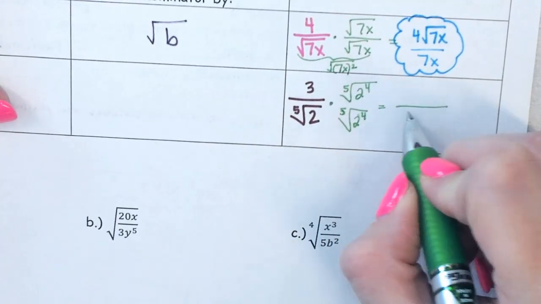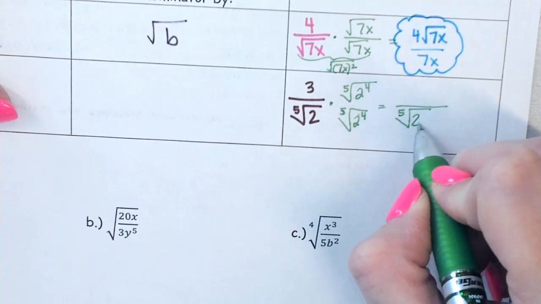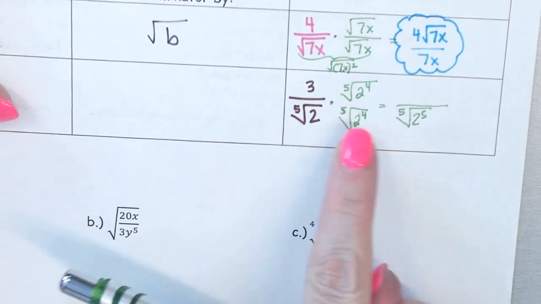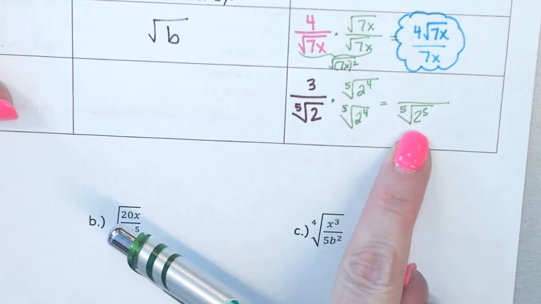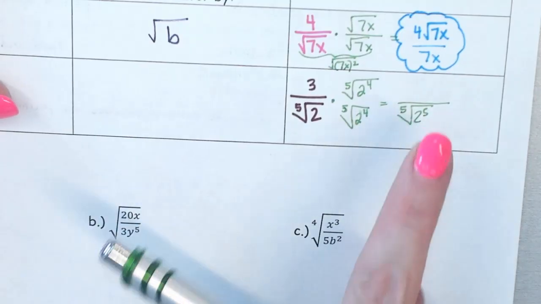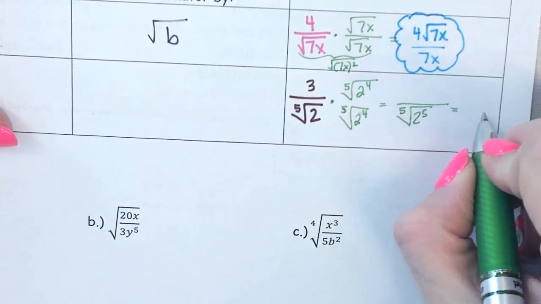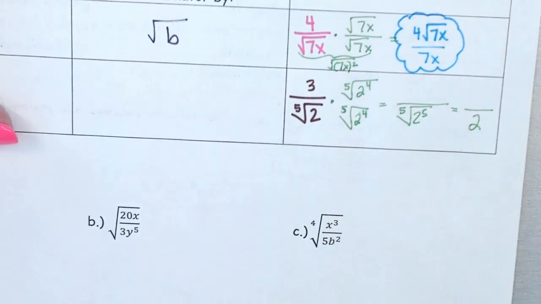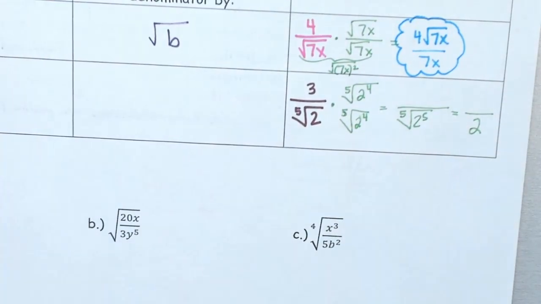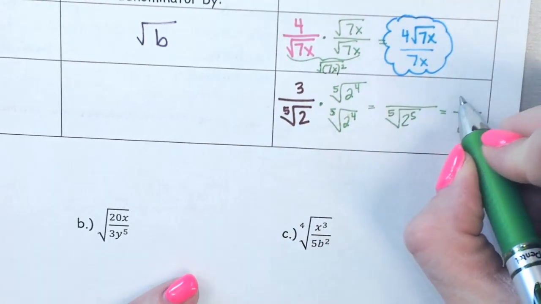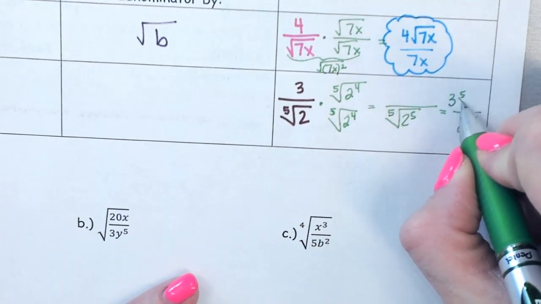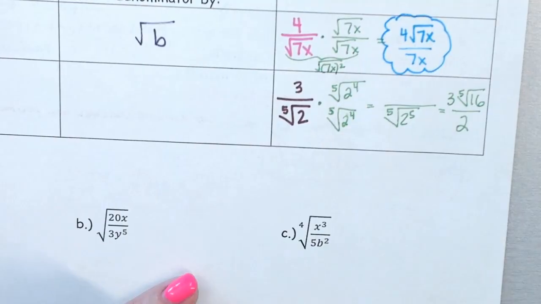The reason why we do that is because we have the 5th root now of 2 to the 5th. 2 times 2 to the 4th is 2 to the 5th. The 5 and the 5 cancel, they're inverses. So you're left with 2 in the denominator. And then we write the numerator as 3 times the 5th root of 16.